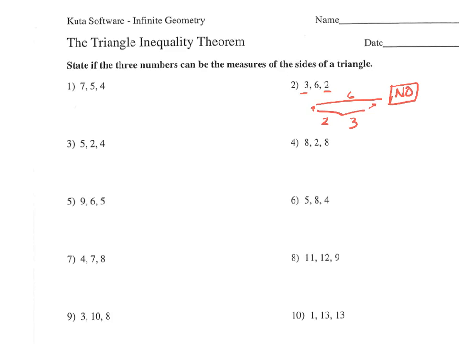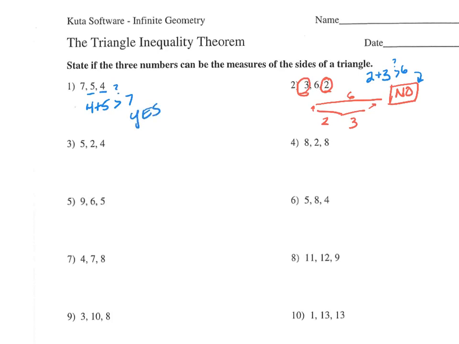Now the quick way is to check the 2 smallest numbers, and they have to add to more than the third number. So if we were doing this mathematically, you would say, is 2 plus 3 greater than 6? And your answer is no. The 2 smallest sides have to add to more than the third side. Here, does 4 plus 5 greater than 7?